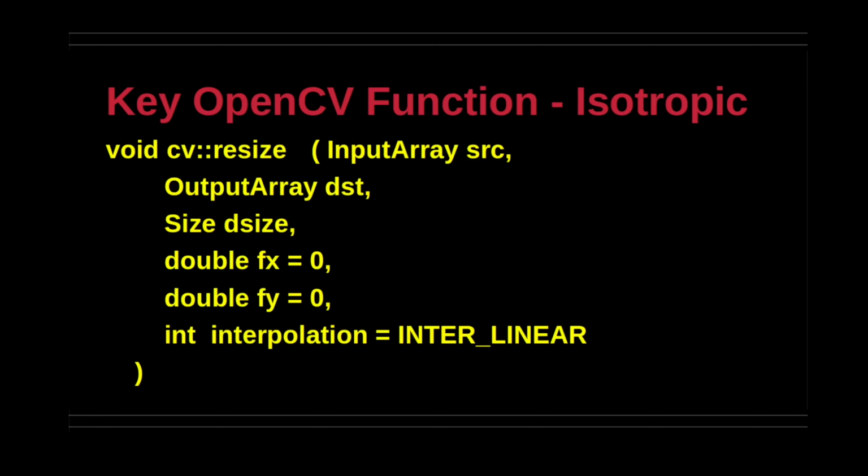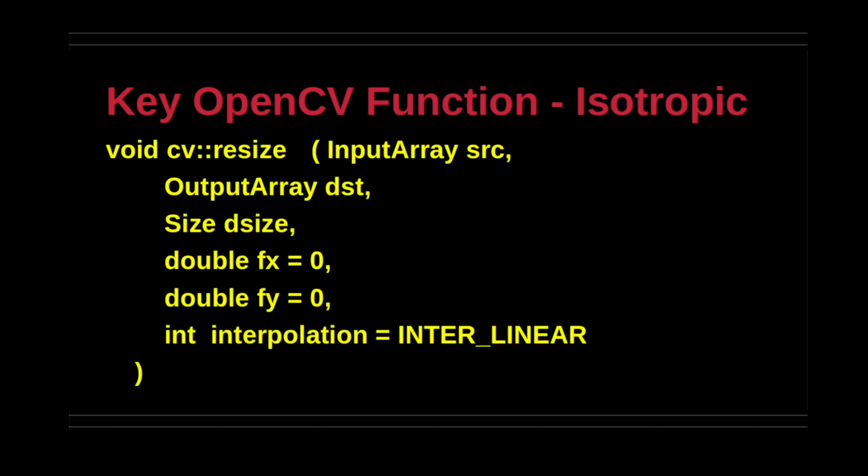The parameters are src for the input image, dsize for the desired size of the output image as a tuple, width and height. This is optional. Fx, scale factor along the horizontal axis. This is optional. Fy, scale factor along the vertical axis. This is optional.